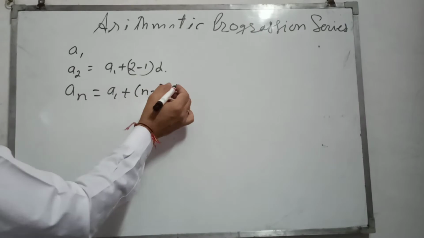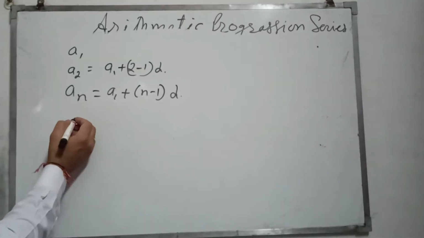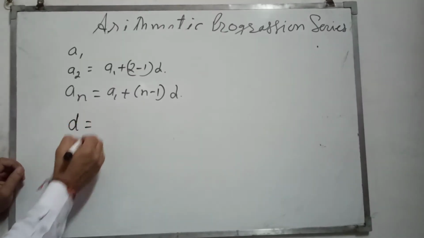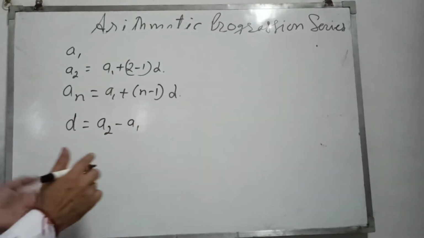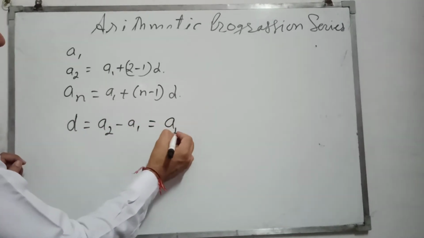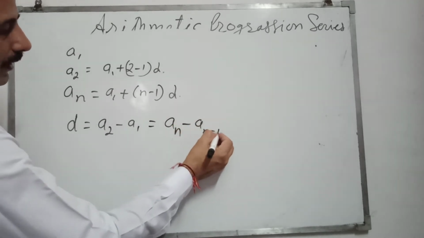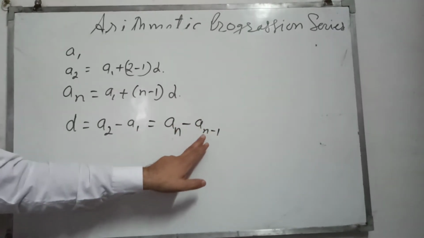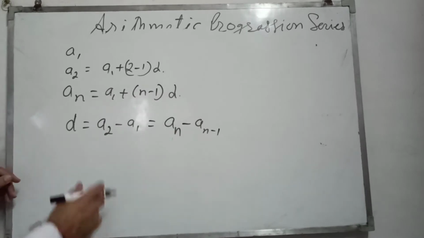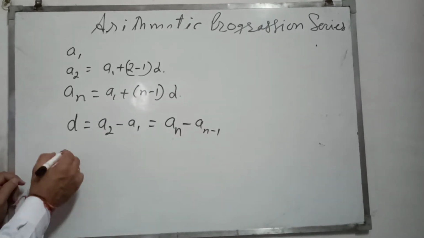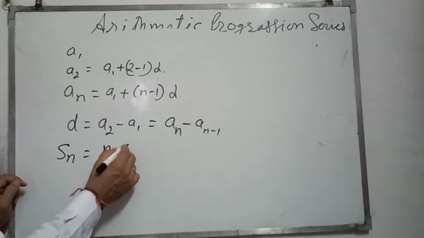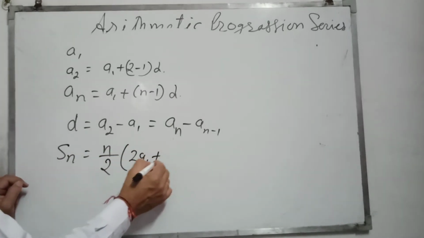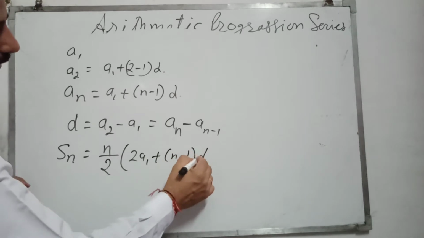D is the common difference. We can find D as A2 minus A1, and in general form An minus An minus 1. And Sn, the sum of the series, is n upon 2 into 2a1 plus n minus 1 into D.